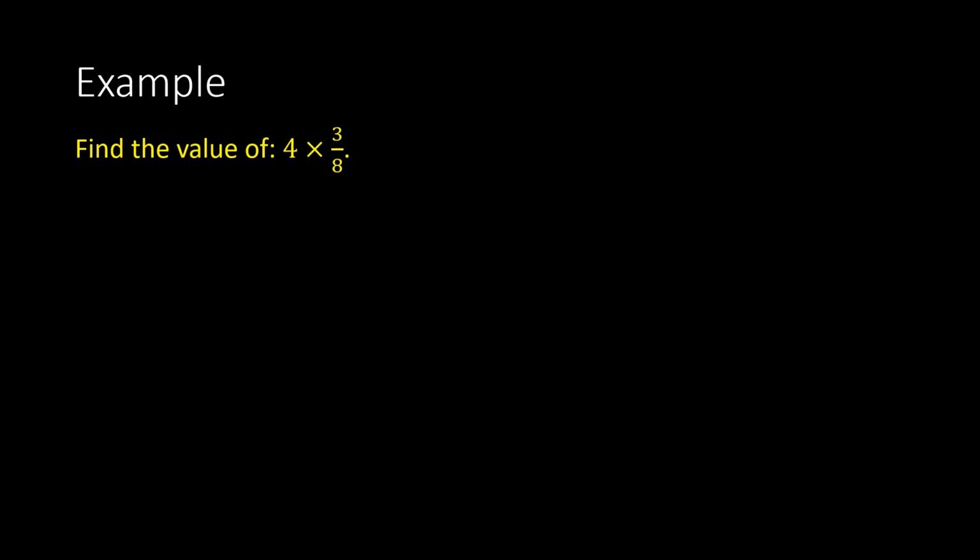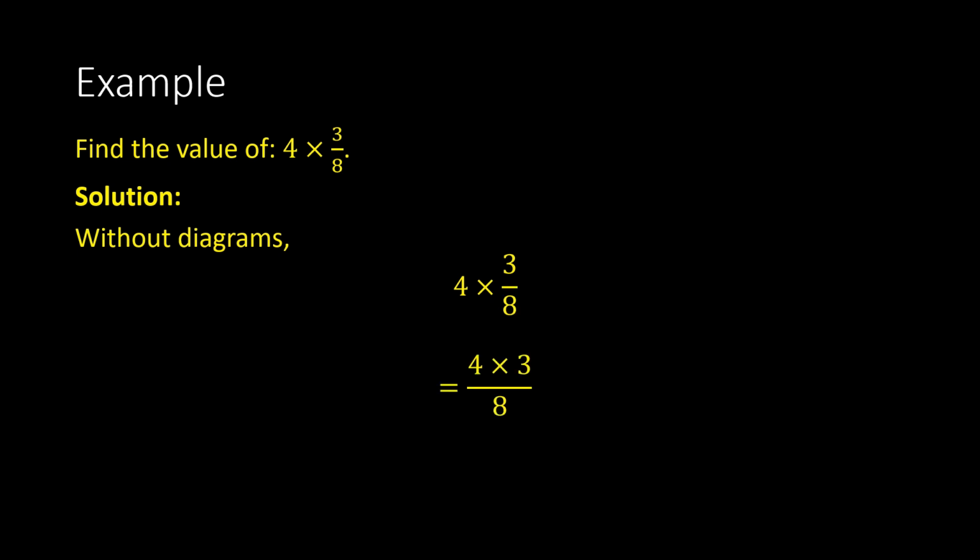If we would like to carry this out without diagrams, multiply the whole number by the numerator of the fraction, as shown, and leave the denominator alone to give 12 over 8. Divide the numerator and denominator by 4, because 4 is a number which is common to both, or which can be divided into both.